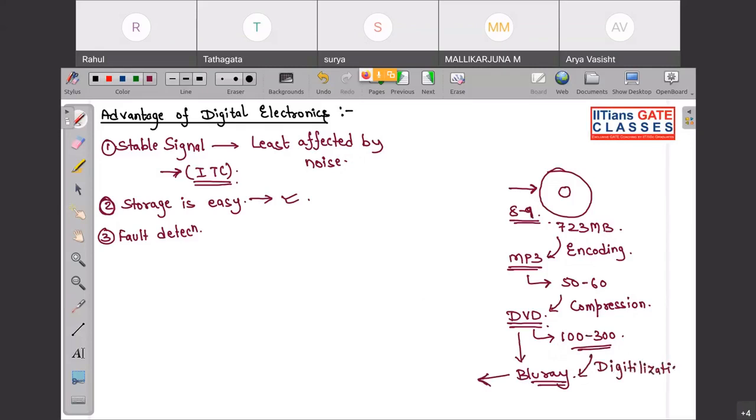And now we are storing in computers, where everything is digital. In 1 GB you can store a minimum of 5,000 songs. So storage becomes very easy.